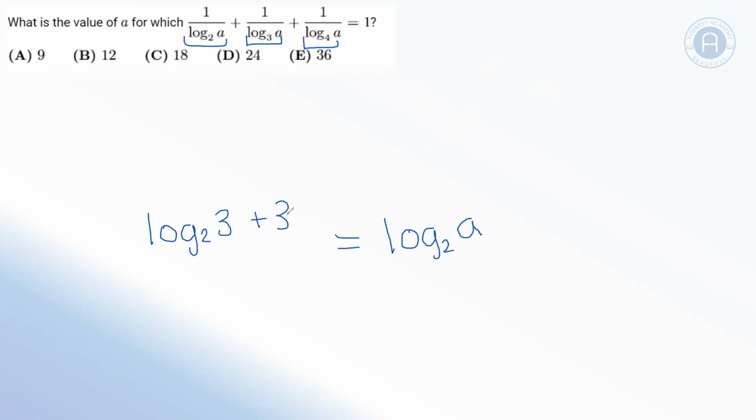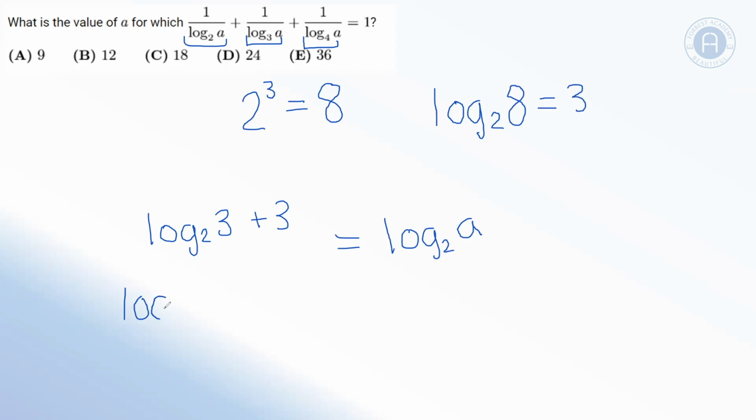So what we're going to consider is that 3. And from earlier on, we know that 2 to the power of 3 is 8. So therefore, we can replace that 3 with log base 2 of 8, because we know that must be equal to 3. So log base 2 of 3 plus log base 2 of 8 is equal to log base 2 of A.